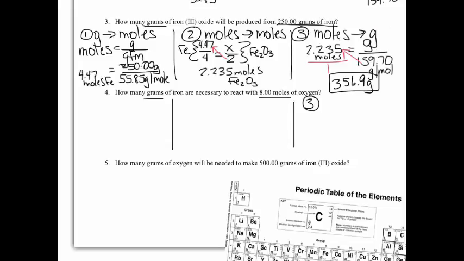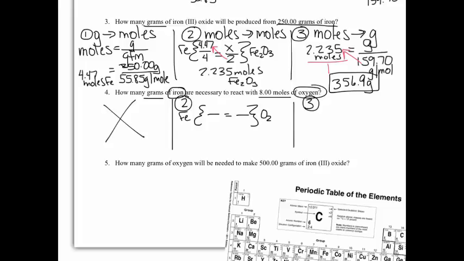So we don't need to start with grams to moles because we already have moles, so we don't need that first step. We're going to start with step 2 and set up our proportion. The 2 compounds from our reaction they're asking about are iron and oxygen. So we're going to set up our proportion with iron on one side and oxygen on the other.